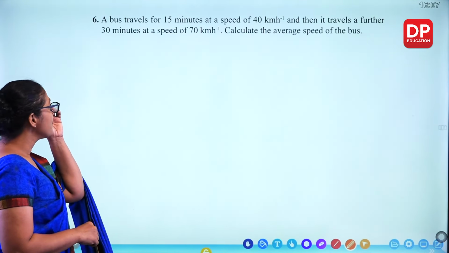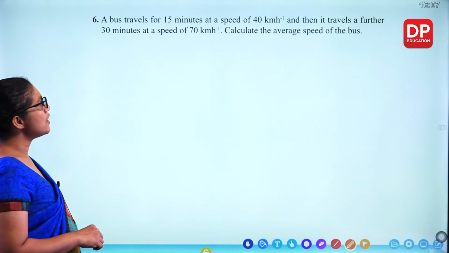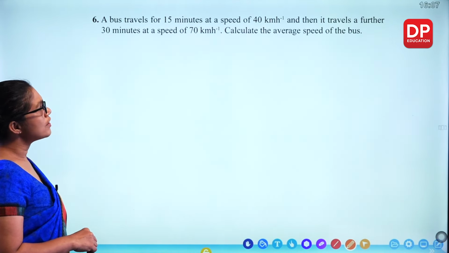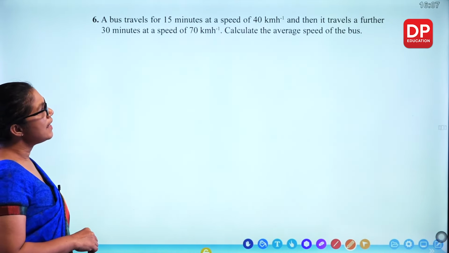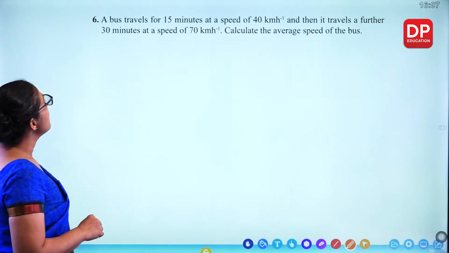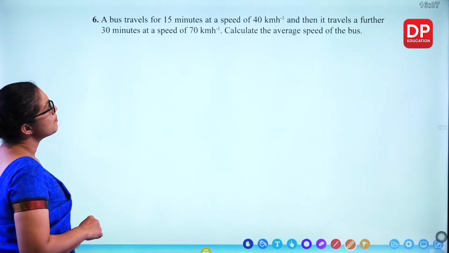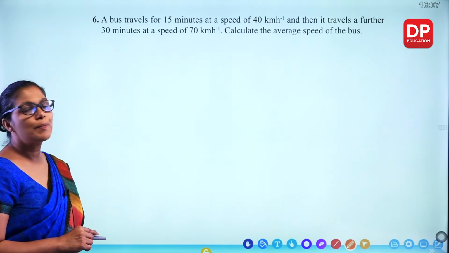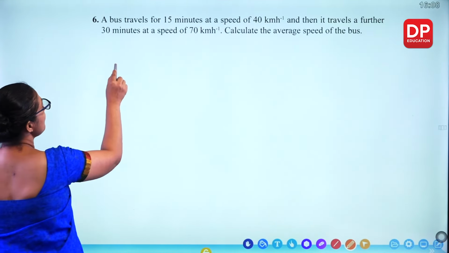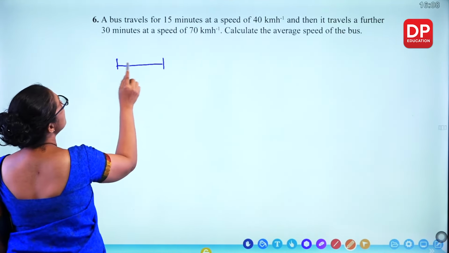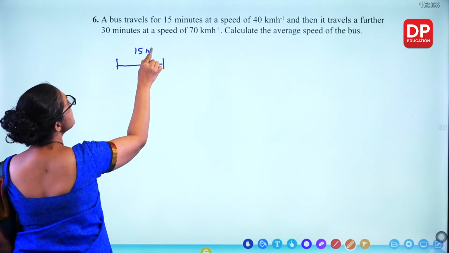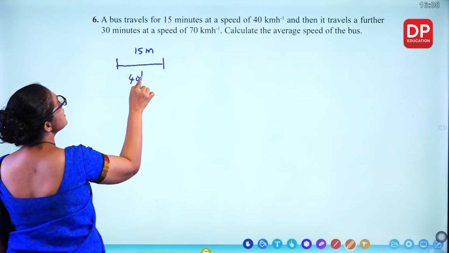Question number 6. A bus travels for 15 minutes at a speed of 40 kilometers per hour and then it travels further 30 minutes at speed 70 kilometers per hour. Calculate the average speed of the bus. First 15 minutes, 40 kilometers per hour.